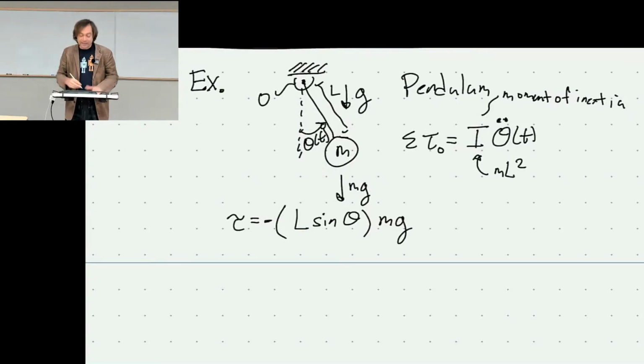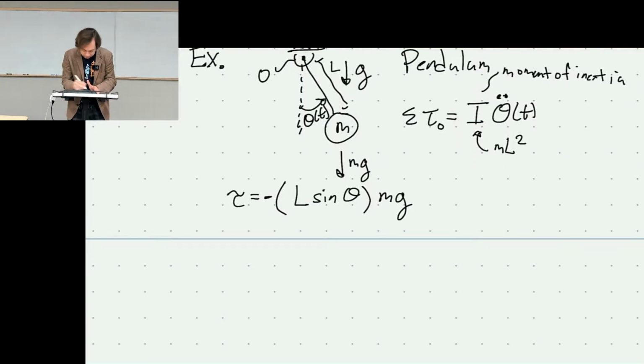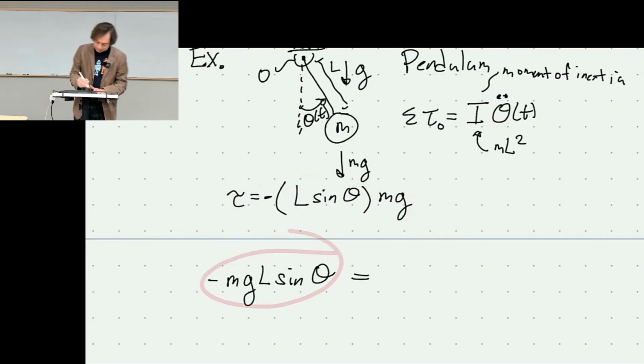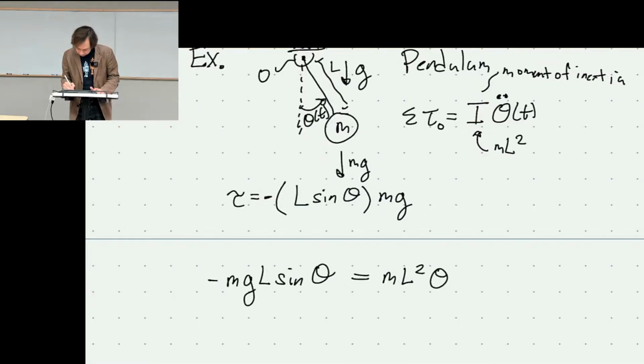So if that's the only torque on our system, we have not applied any external motor or anything. So therefore, this term here is going to be minus mgl sine of theta. I trust that you all trust my algebra with that. Going from there to there equals the right-hand side, ml squared theta double dot of t.